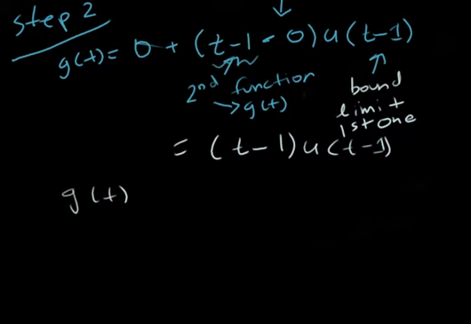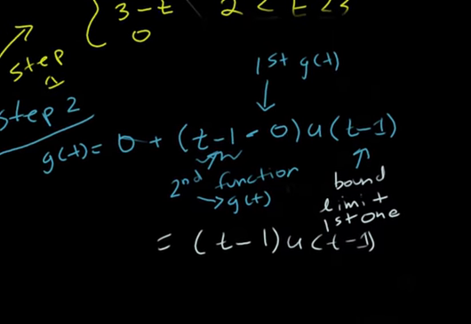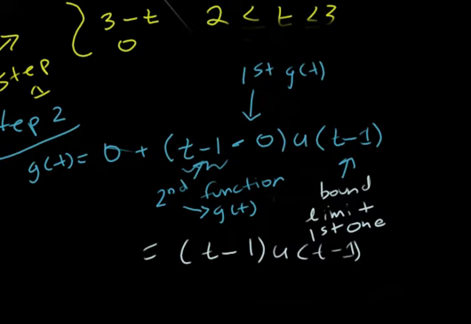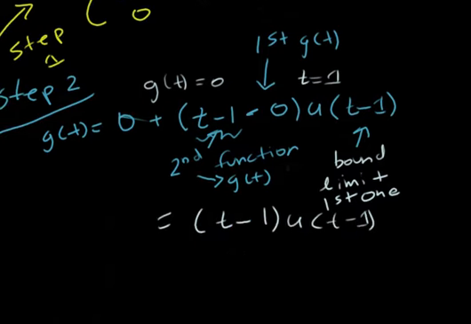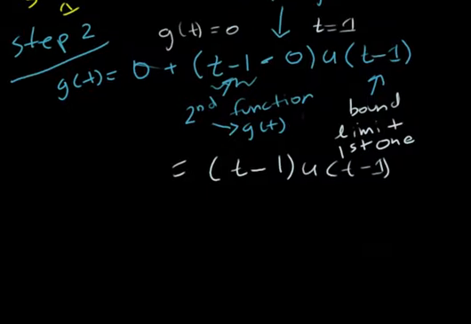Before actually starting this, I forgot to mention one important thing. In here, what was g of t? G of t is equal to 0, and then the t is 1. What is the t of 1? T of 1 came from here. So now the same theory applies here as well.